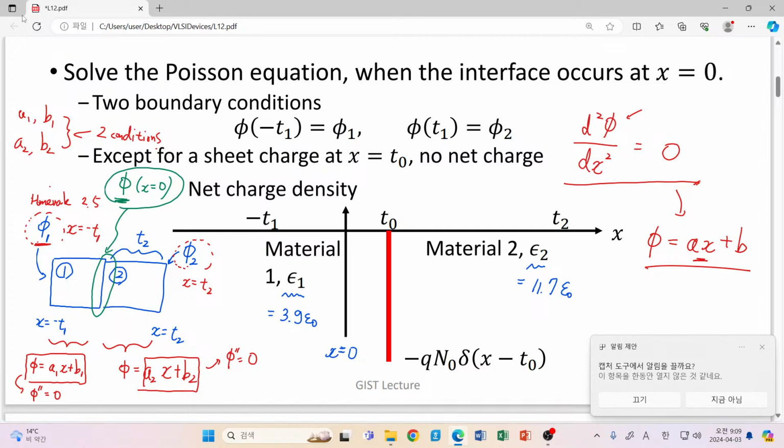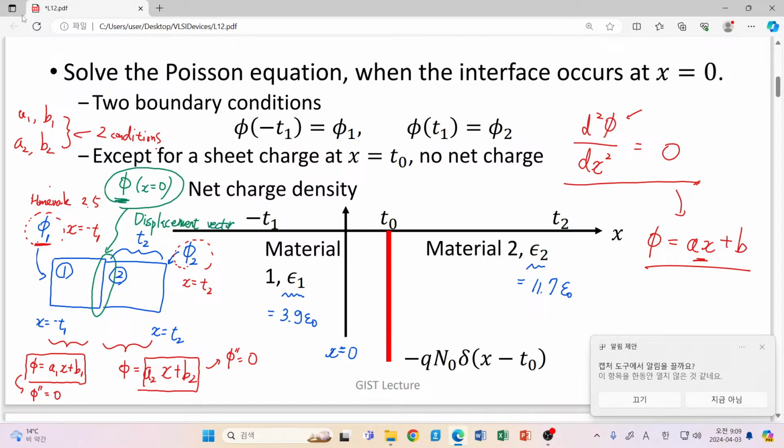But still, you need one more. What is the remaining condition? The remaining condition is just continuity of your displacement vector.